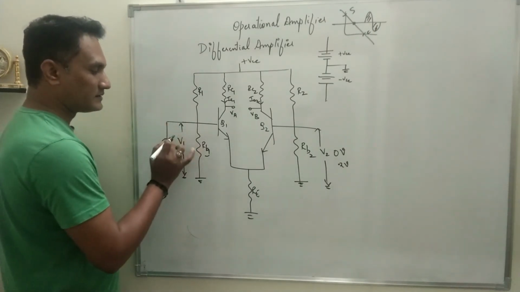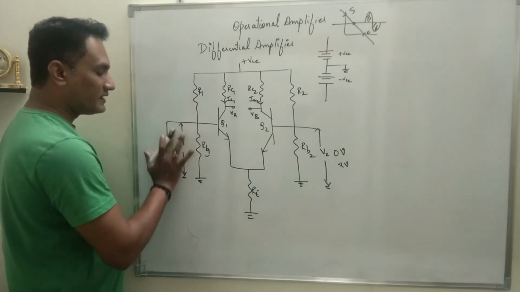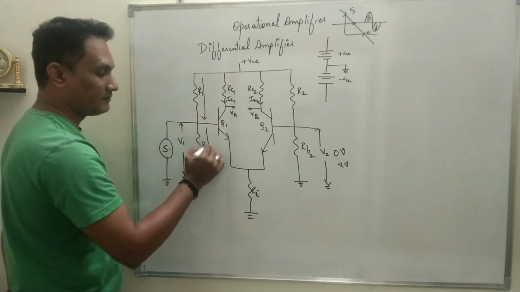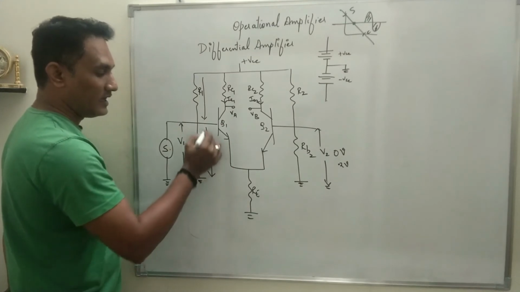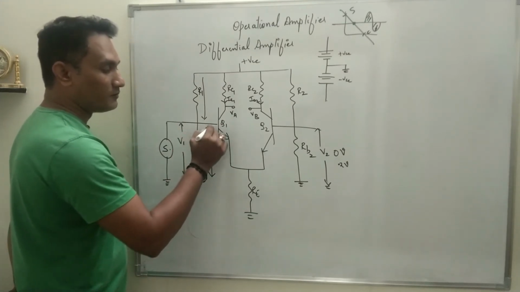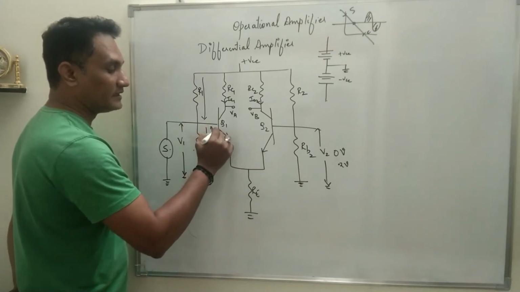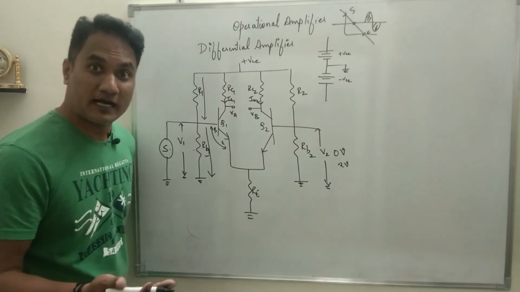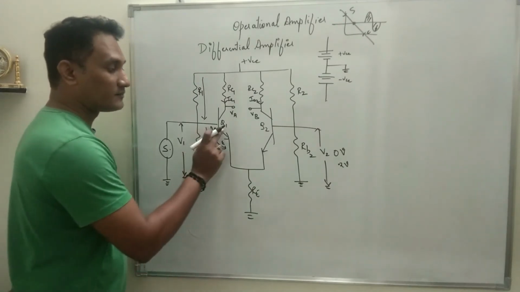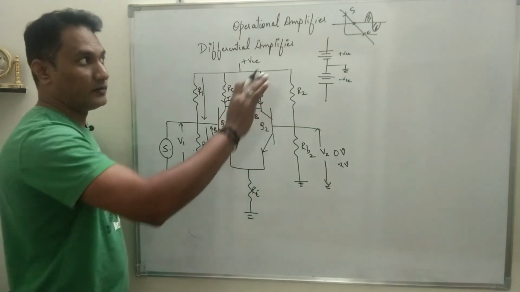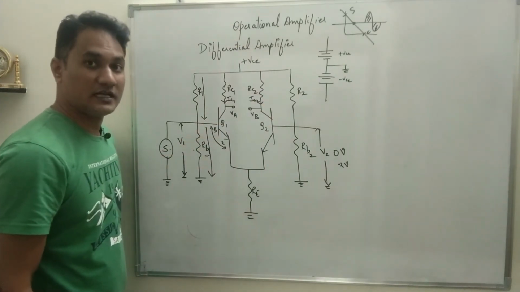See what happens: when the source was not connected, current was flowing through R1 and the same current was flowing through RB1, and the voltage drop produced across RB1 was biasing the base emitter junction of transistor Q1, the forward bias junction. If it is properly biased, the operating point will be at a stable position, between saturation and cutoff.